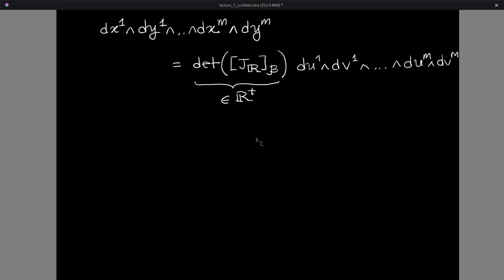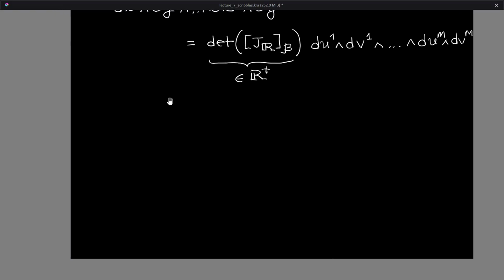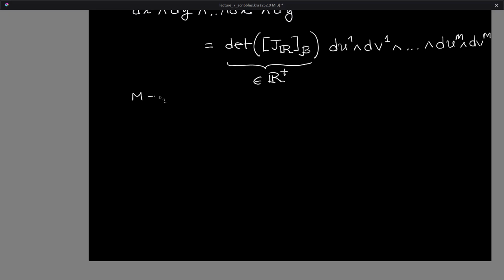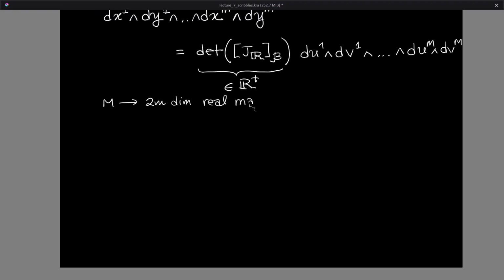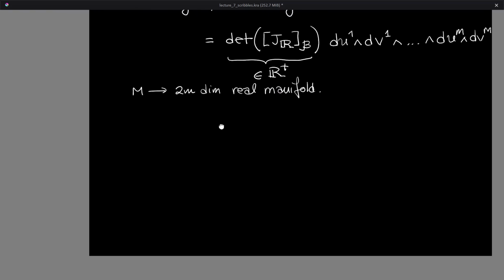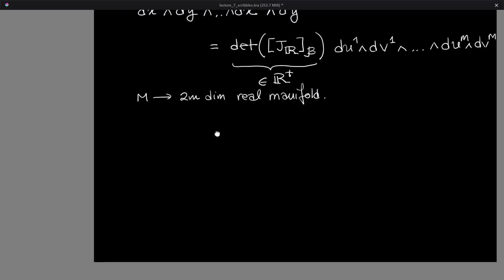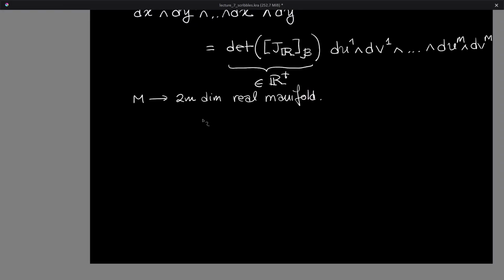Okay, so we're thinking of M as a 2m dimensional real manifold. And so we're thinking of these maps, I'm going to call it φ_AB.